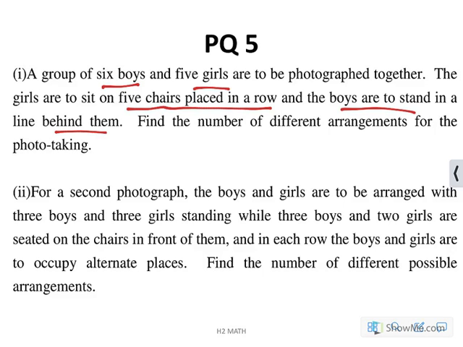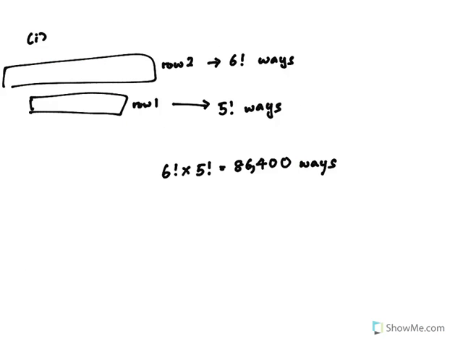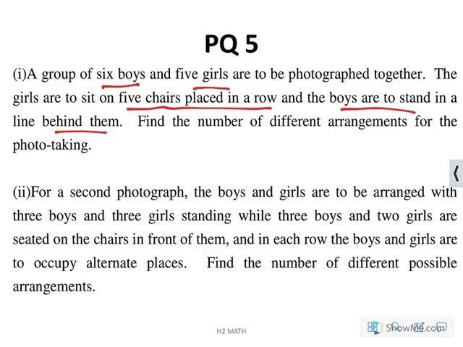Okay, for part 2, the second photograph, the boys are to be arranged with 3 boys and 3 girls standing, and 3 boys and 2 girls occupying the chairs in front. So there are 3 boys and 3 girls standing at the back.